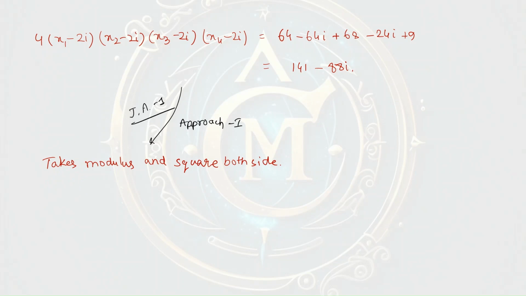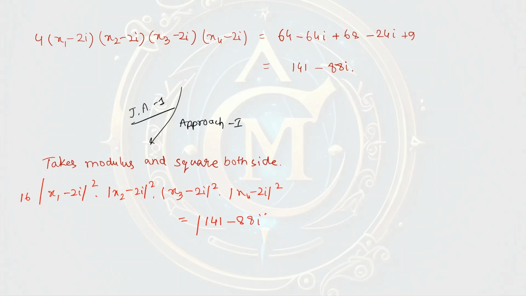He or she gets 16 times modulus of x1 minus 2 iota square, then modulus of x2 minus 2 iota square, then modulus of x3 minus 2 iota square, then modulus of x4 minus 2 iota square is equal to modulus of 141 minus 88 iota square.